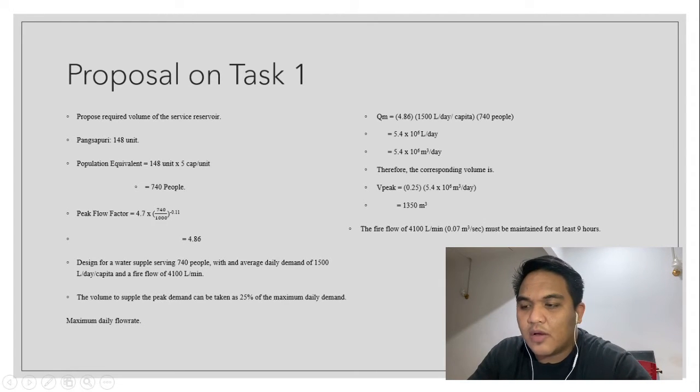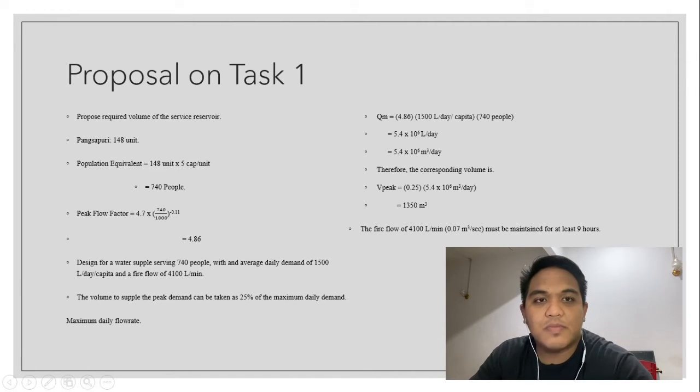First of all we need to find the maximum daily flow rate, that is QM. The peak flow factor that we got, 4.86, times 1500 liters per day per capita, times 740 people. So we get 5.4 times 10 to the power of 6 cubic meters per day.